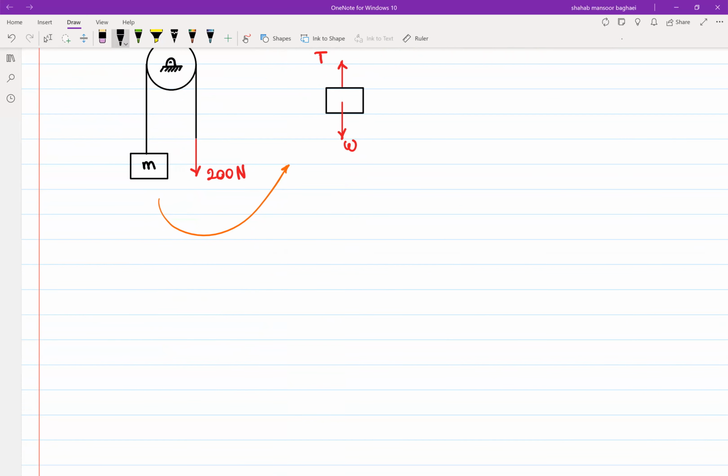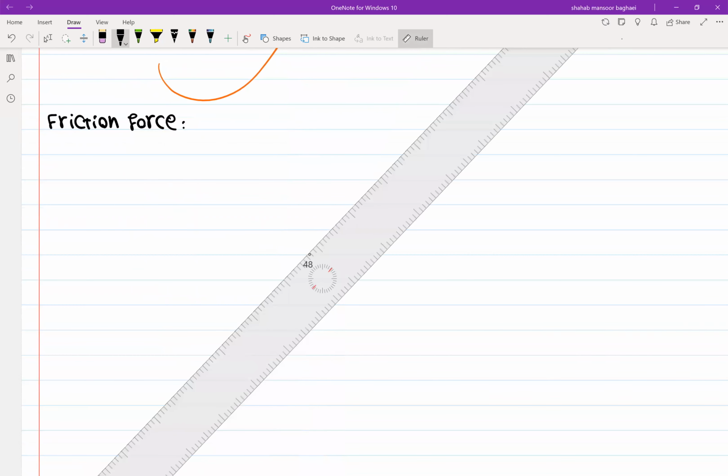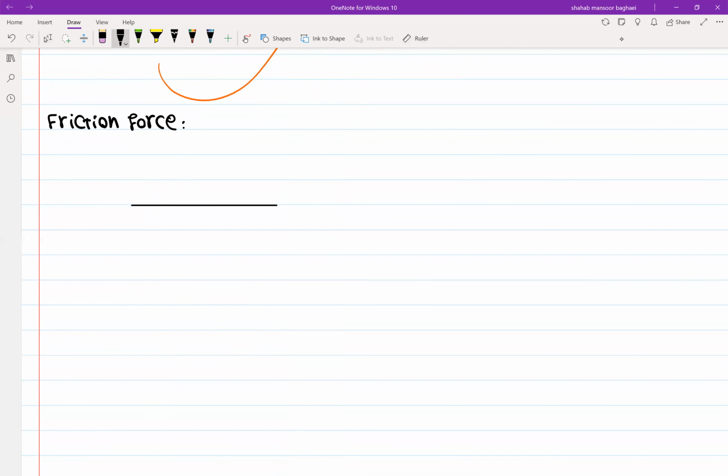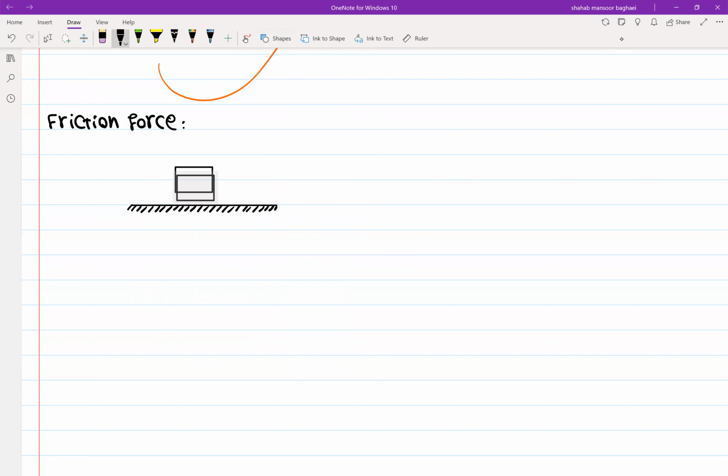Next one is friction. Friction force. Imagine there is a block here. I'm going to apply a force as an external force to the right.